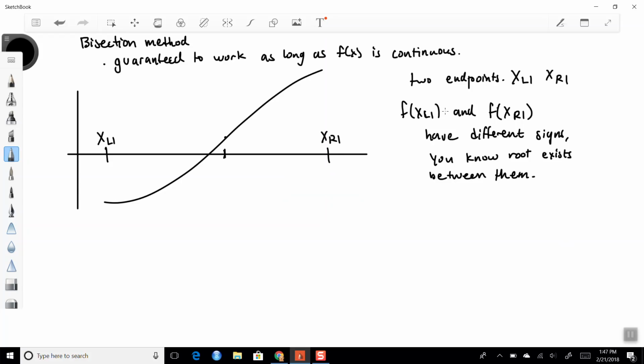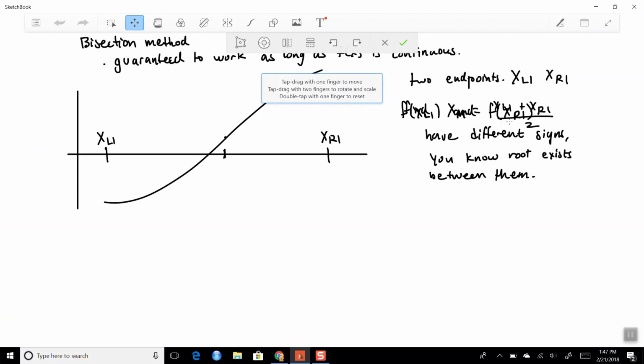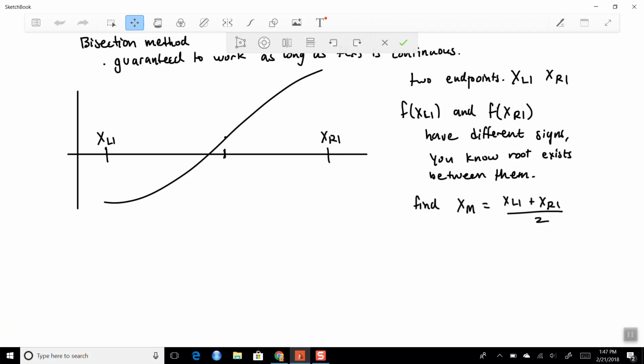Okay, so that's the condition, right? So you've got 2 endpoints, your left point and your right point, and they have different signs, okay?